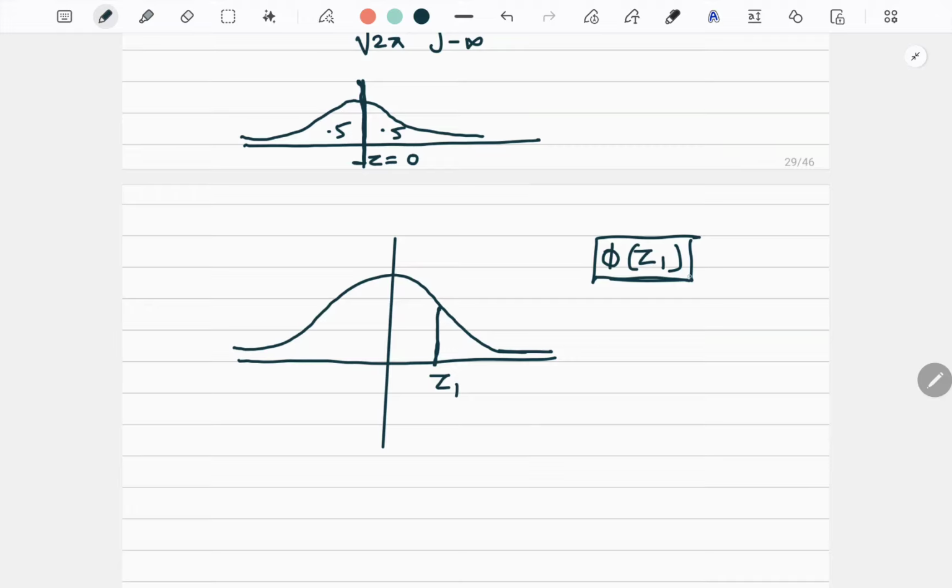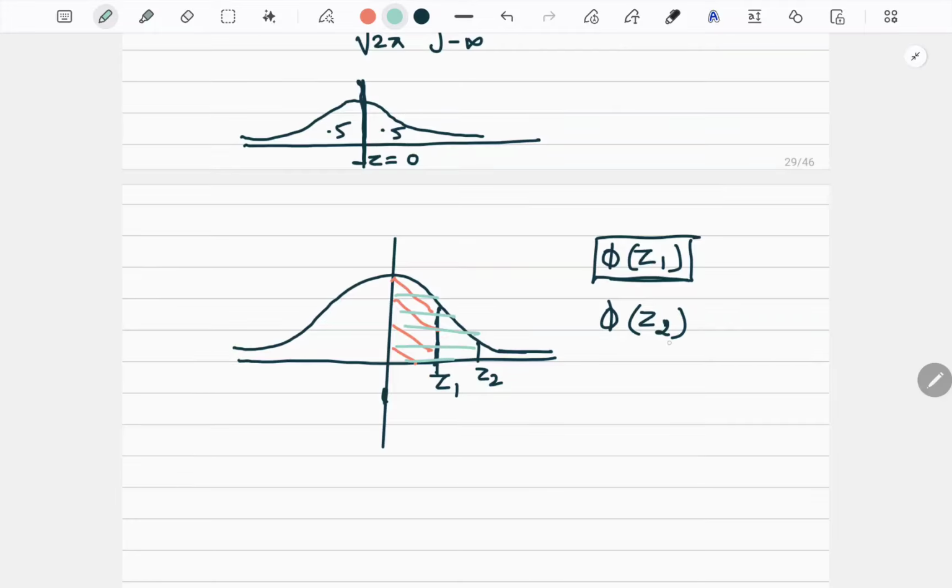When I say phi(z1), it means the area from this line to z1. I am talking about this area. In the same way, if I say phi(z2), and suppose z2 is here, then phi(z2) is this area.